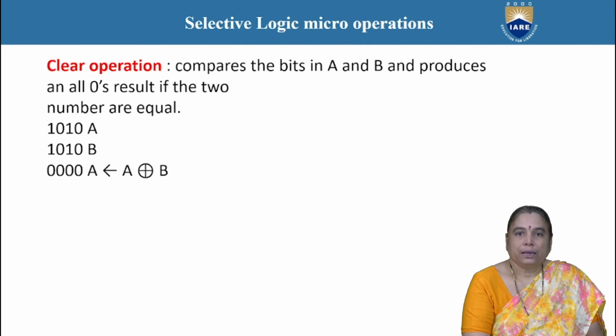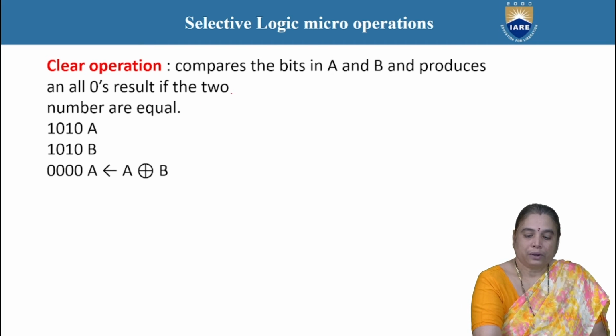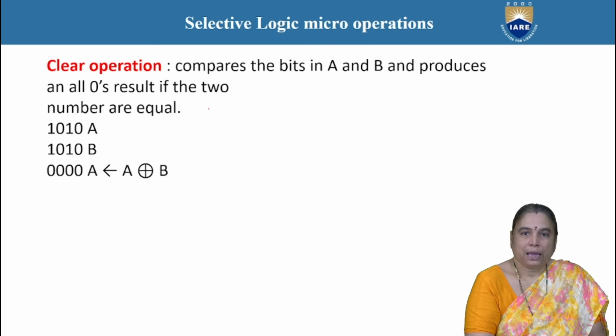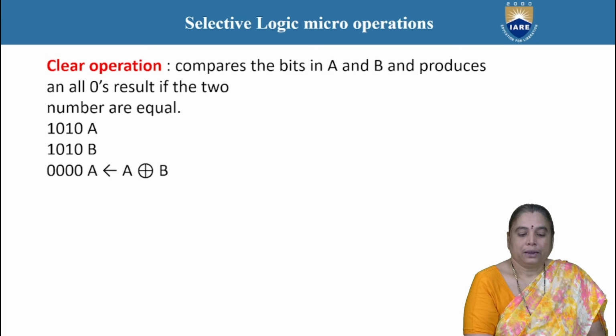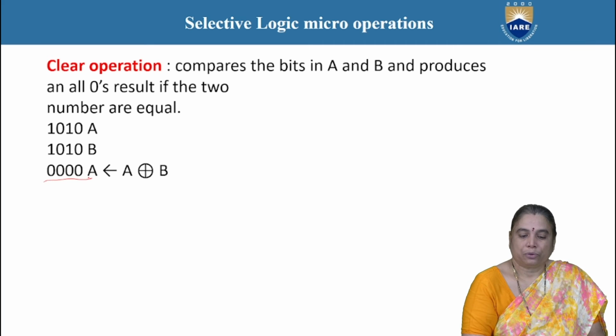Next is the clear operation. It compares the bits in A and B and produces an all-zero result if the two numbers are equal. So when the A and B values are equal, it produces all zeros. This operation is called the clear operation.